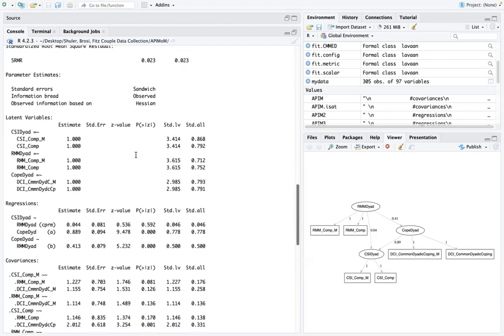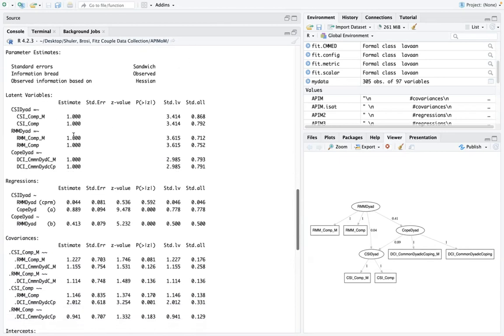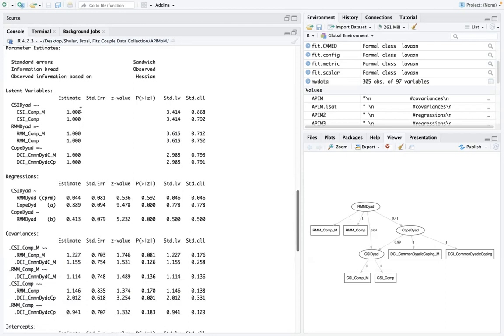So we'll move down to the results, and here are the unstandardized loadings, and here are the standardized loadings. Again, for the common fate model, we want these loadings to be above 0.70 because that gives us approximately 50% of the variance at the dyad level. Anything lower than that, so if our loadings were 0.60, that means only 36% is at the dyad level.